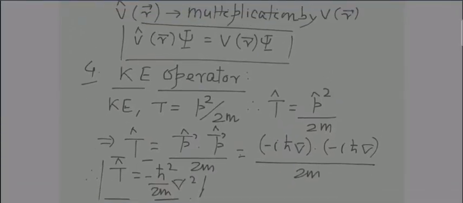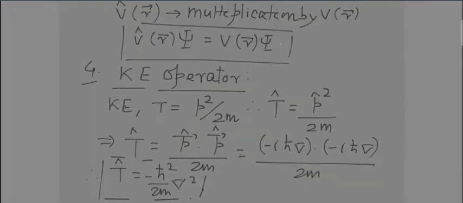Now for the kinetic energy operator, we will have to derive its expression. We know very well that for non-relativistic motion, the kinetic energy is given by T equal to p square over 2m. As we are studying Schrödinger quantum mechanics, it is non-relativistic motion only.